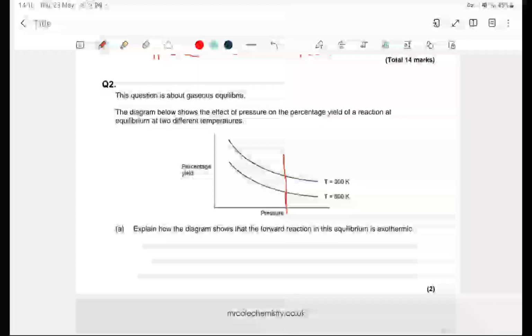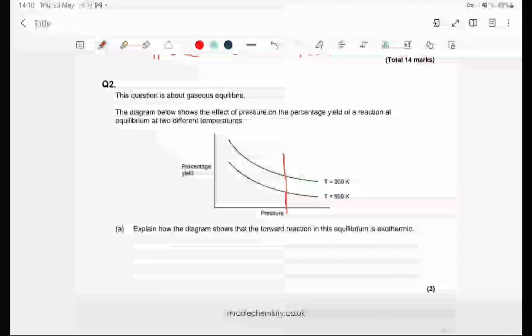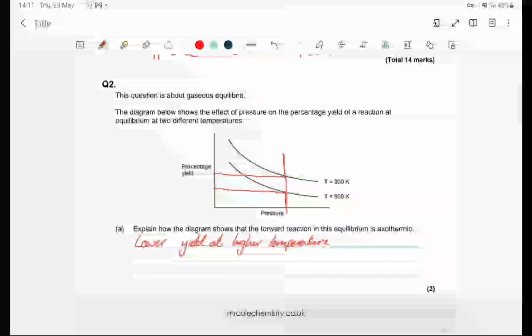Okay, so we've got a lower temperature which has a higher percentage yield, and we have a higher temperature which has a lower percentage yield. The second mark then is using Le Chatelier's principle and applying it to the statement that I've just written.